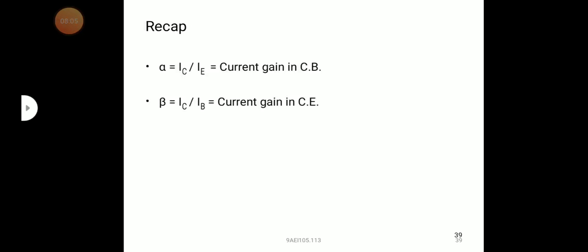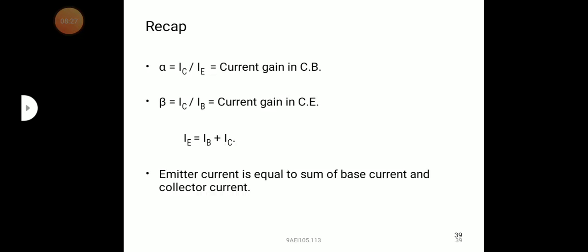Alpha equals IC by IE when VCB is constant. Beta equals IC by IB, that is in the common emitter. We need to interchange alpha and beta, so the relation also we need to know: IE equals IB plus IC. The emitter current is equal to the sum of the base current and the collector current.